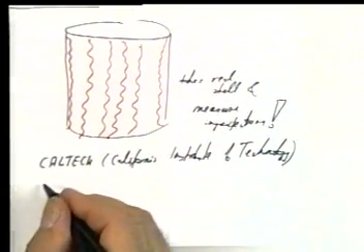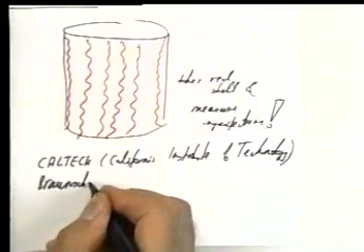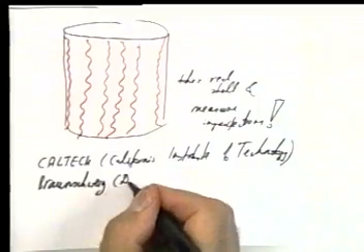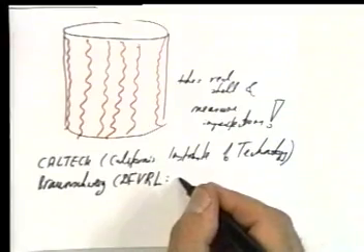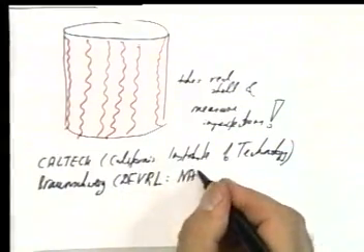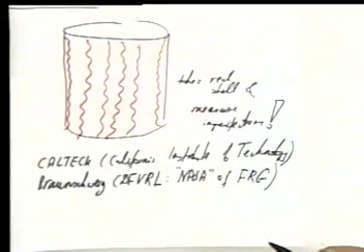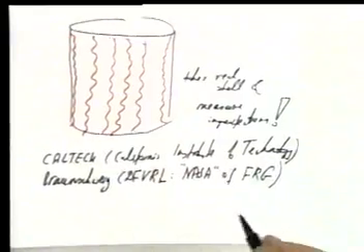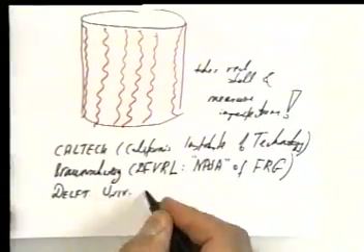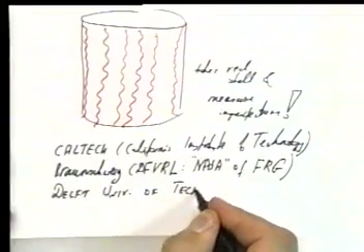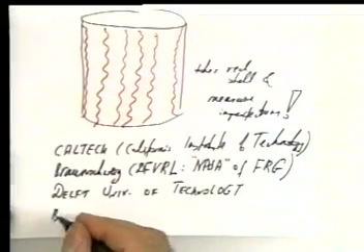Then Braunschweig, DFVLR. That is the NASA of the Federal Republic of Germany. Then Delft University of Technology, etc. Then Belgium.